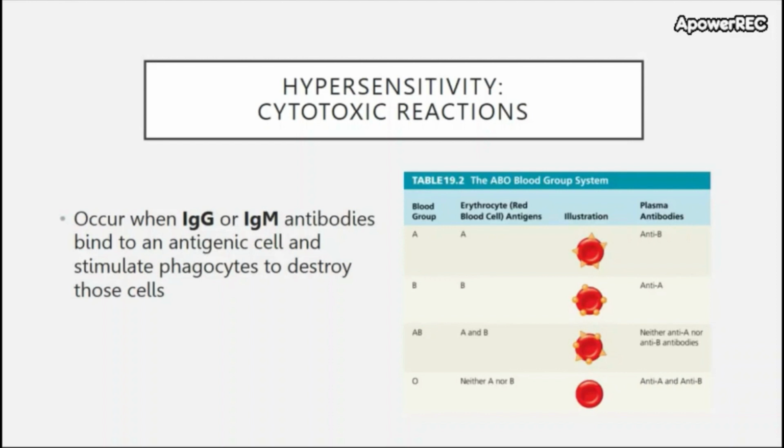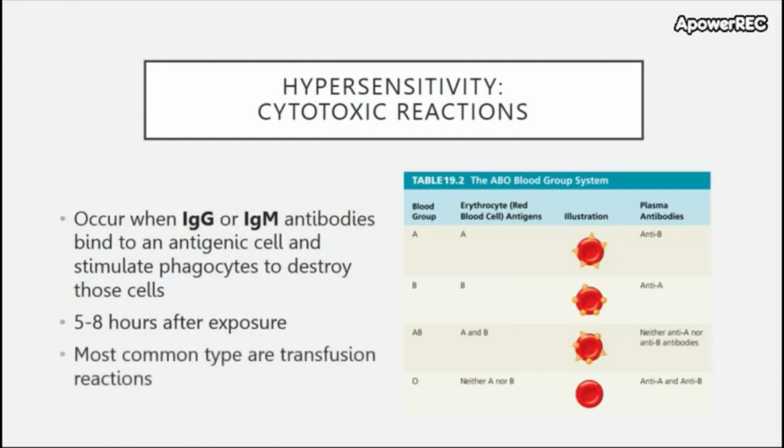So you'll have anti-A and anti-B antibodies. And with all of these reactions, they take a certain amount of time for them to elicit a response. And this is typically seen in 5 to 8 hours after exposure. The most common type are transfusion reactions.